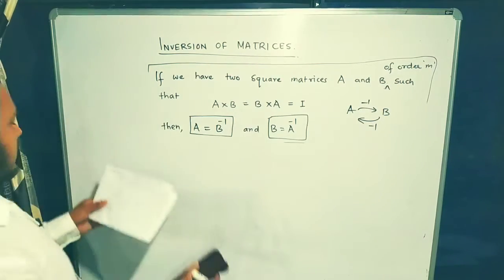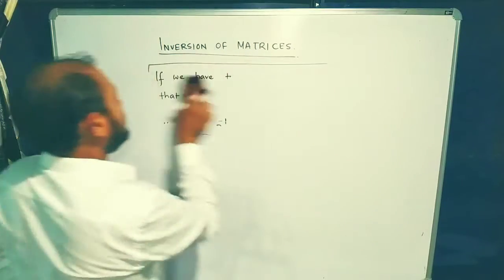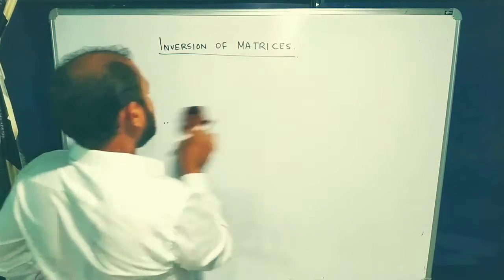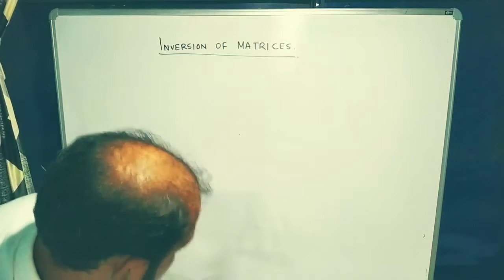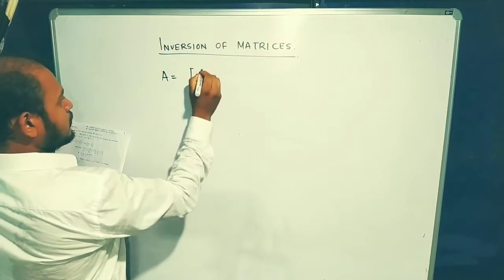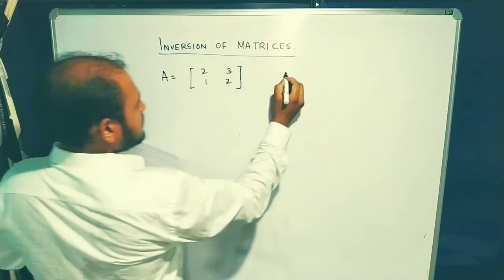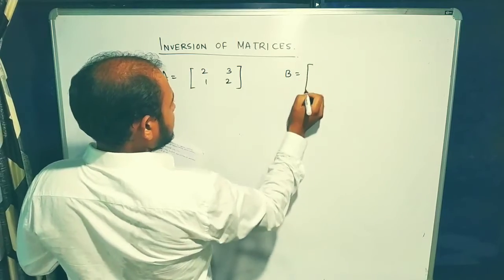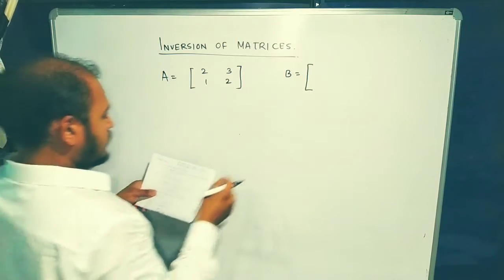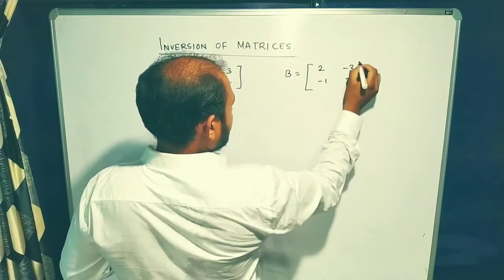Now let us see how two inverse matrices can be shown in an example. Let us say we have a matrix A equal to 2, 3, 1, 2, and another matrix B of the same order, 2, minus 3, minus 1, 2.